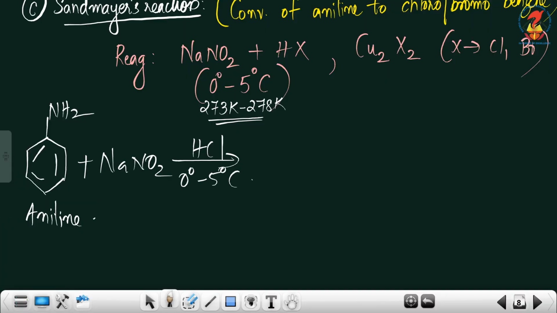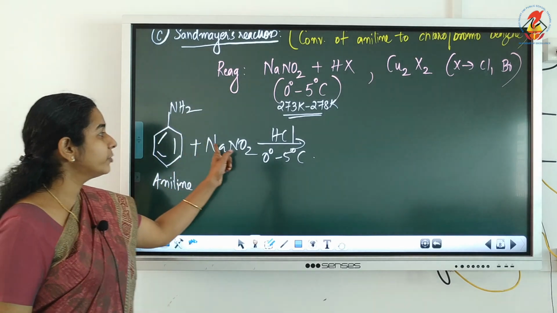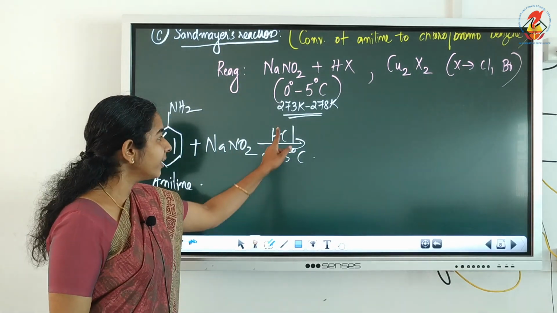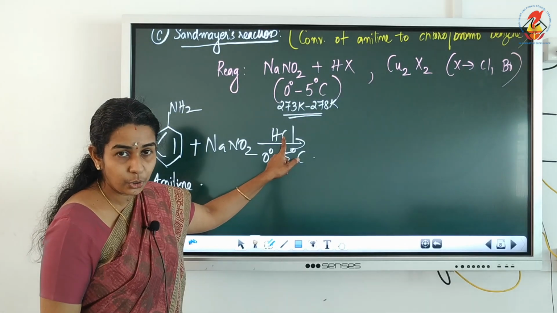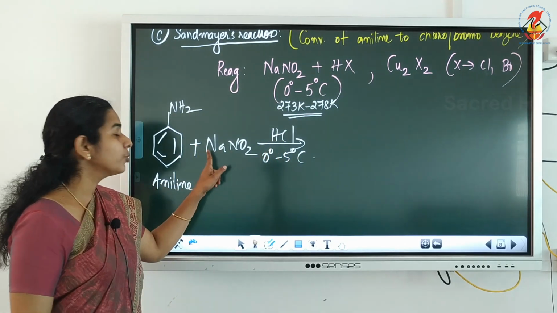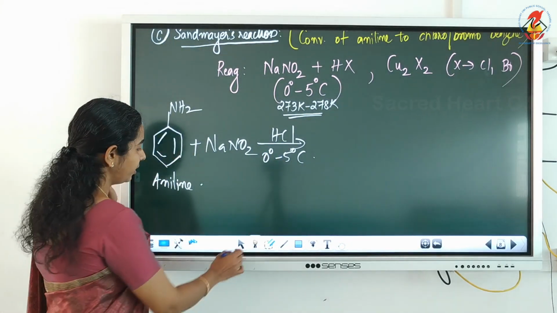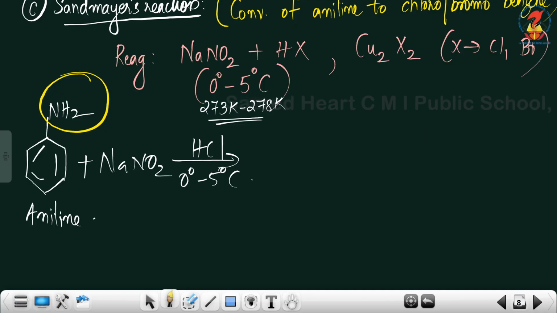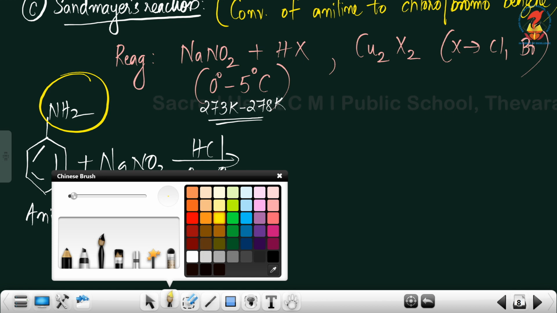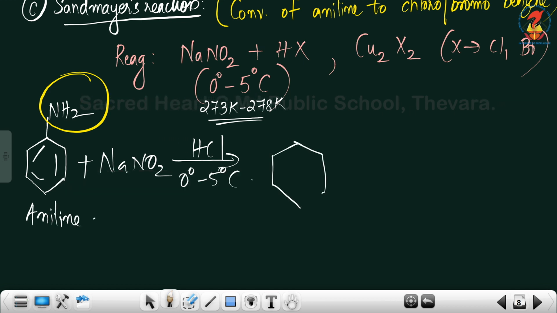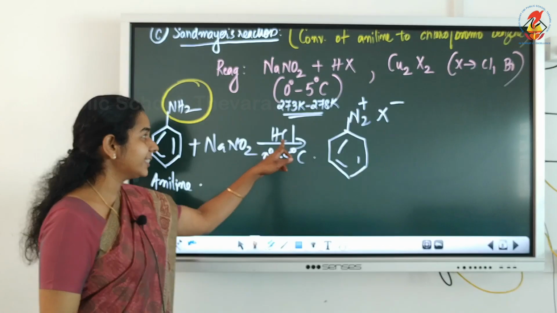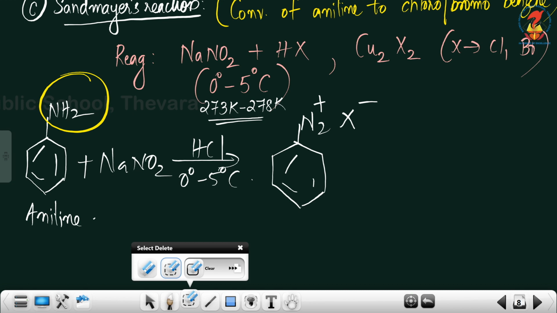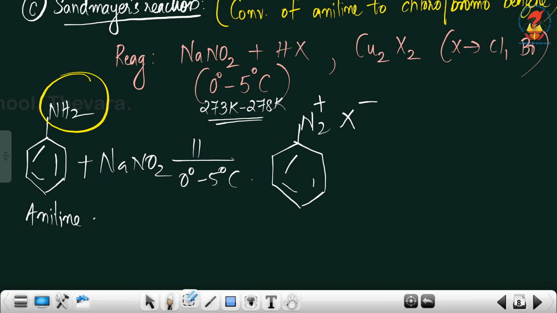Here, the NH2 group will be converted to N2+ X-.